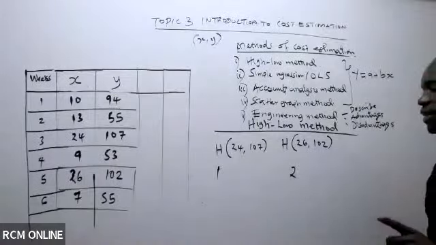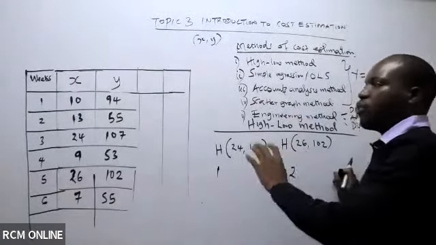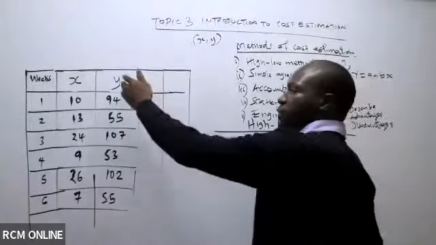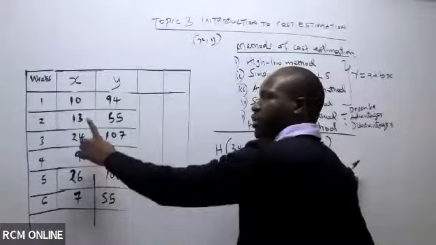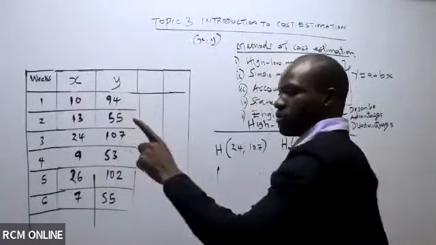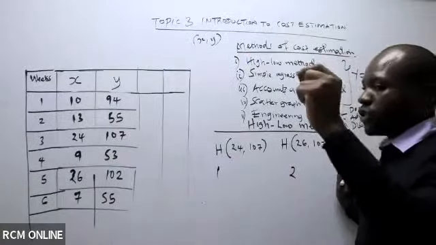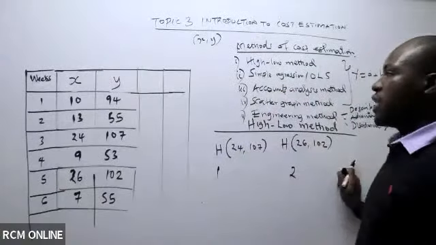Because we said the moment you pick the highest values pair, we don't focus on the highest values in column Y. We focus on the highest value in which column? In column X, because X is the cost driver. It does not depend on anything. It is the independent variable.